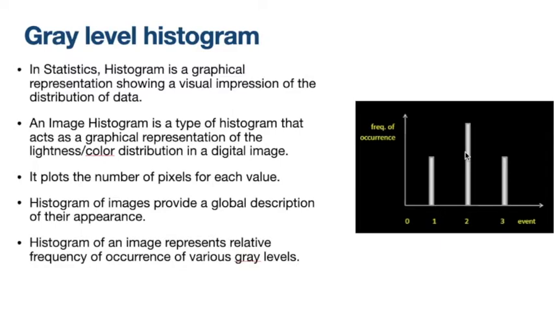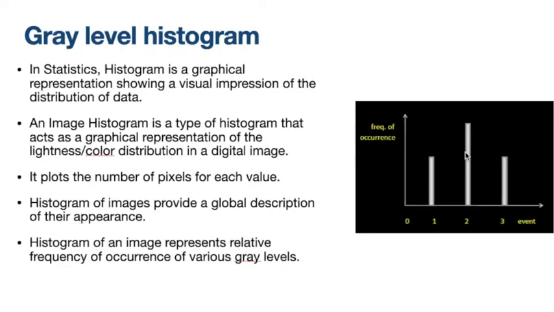In an image histogram, the x-axis will be the gray levels, and the y-axis will be the number of pixels for each value.